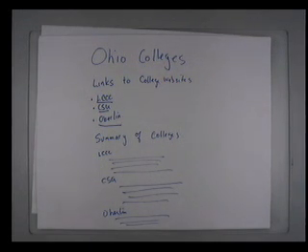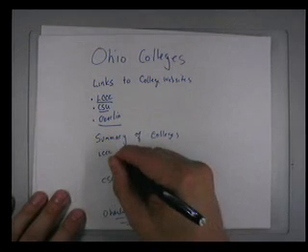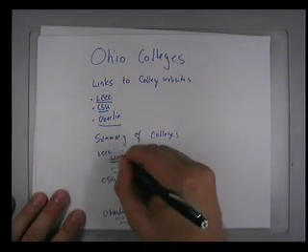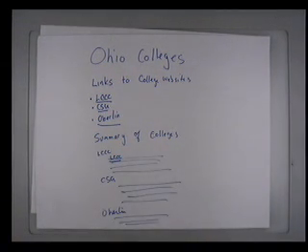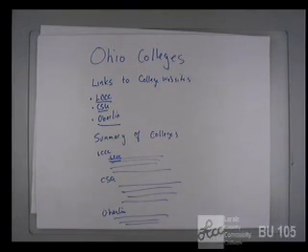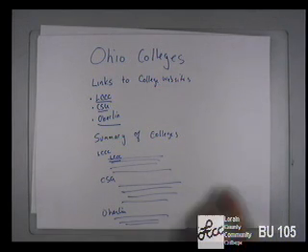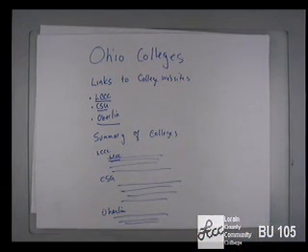I could then incorporate in the body of the text another link. There's no rule that says you only have to link once to a given page, right? So you could put the link in both places. That's one of the nice things about web development, you have options to present the same material a couple different ways or in a couple different places. That way, people that want to look at it this way can see it this way, and people that want to look at it that way can see it that way. All right? So this is a rough sketch of what I want my page to look like.